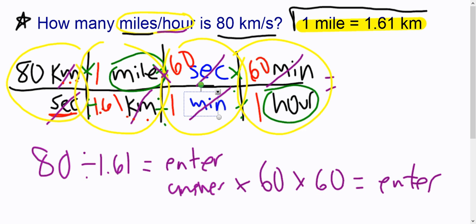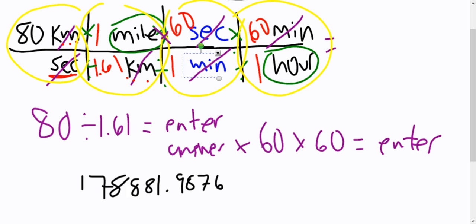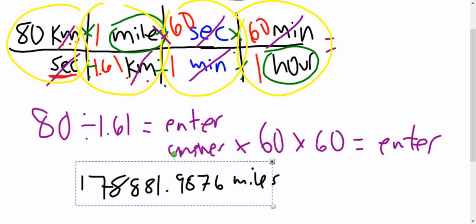And when I do that, this is what displays on my screen: 178,881.9876 units of miles per hour.